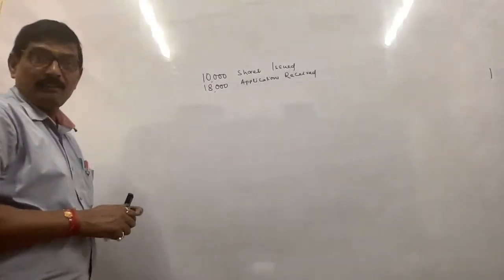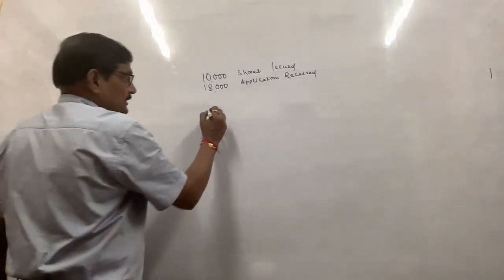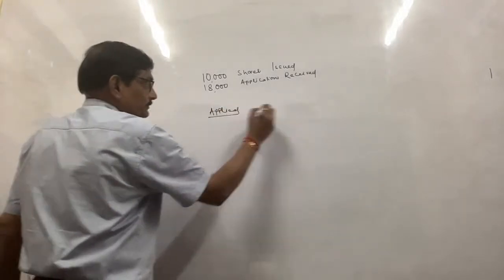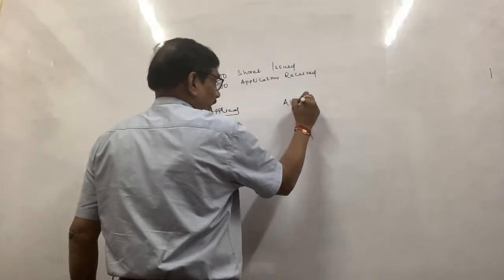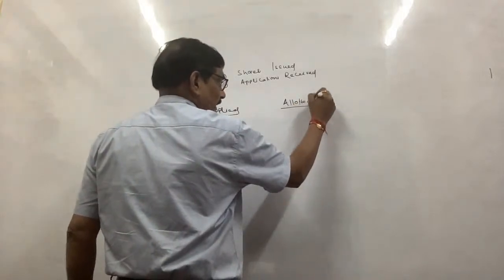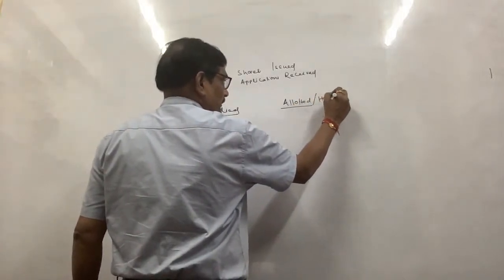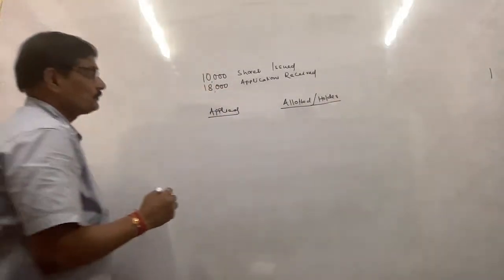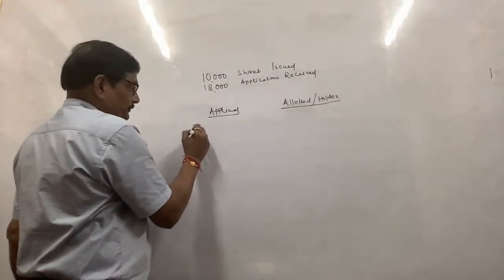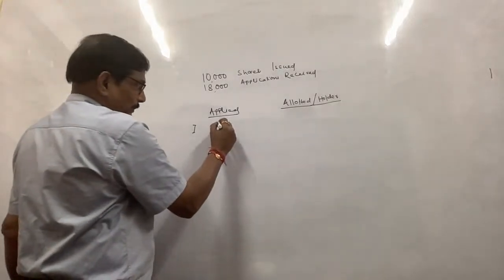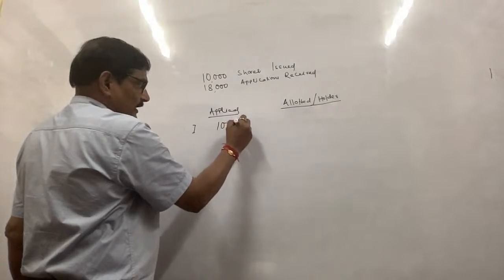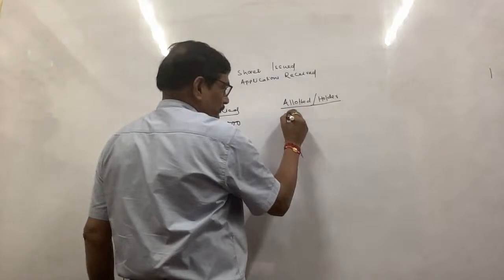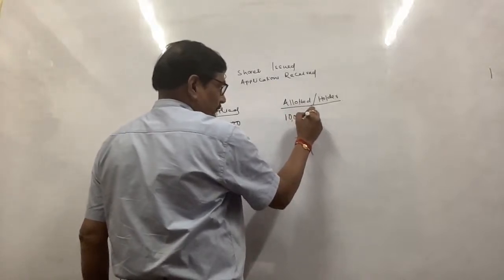So, what are the options available with the company? Options are, say, this is applied and this is allotted, or I can say holder. Understand carefully. First option, applications received for 10,000 were allotted in full, that is 10,000.